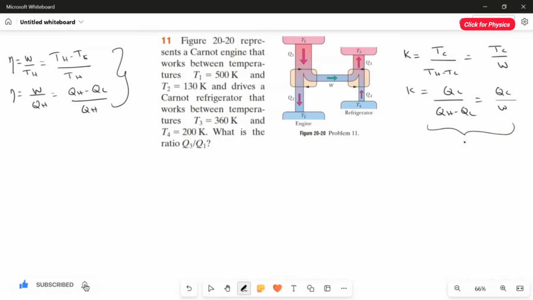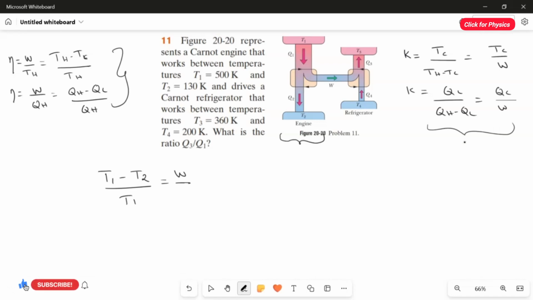Better, we can substitute the values of T1, T2 and T3, T4 later. First of all, let's apply the Carnot engine formula for this case. I can write the Carnot engine efficiency formula for this diagram as T1 minus T2 over T1, which is equal to work done over QH.